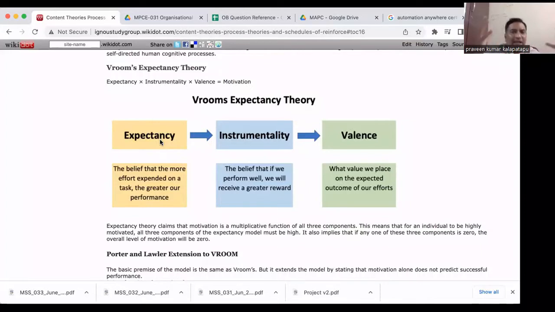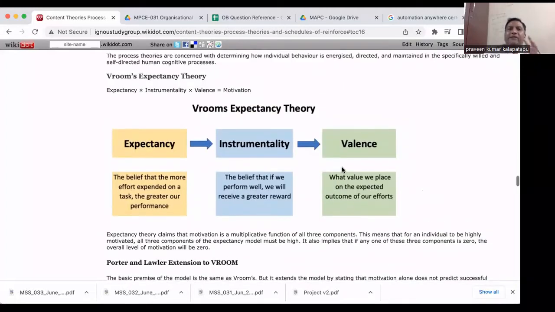For example, if I perform this in a better way, I'll get some 1 crore reward. And if I get 1 crore reward, I'll buy a villa, and this villa means a lot as far as my life is concerned. That is valence. So it starts with expectancy, instrumentality, and valence.